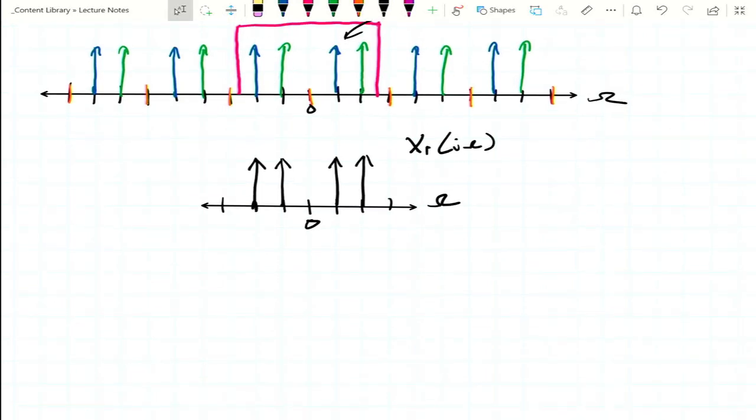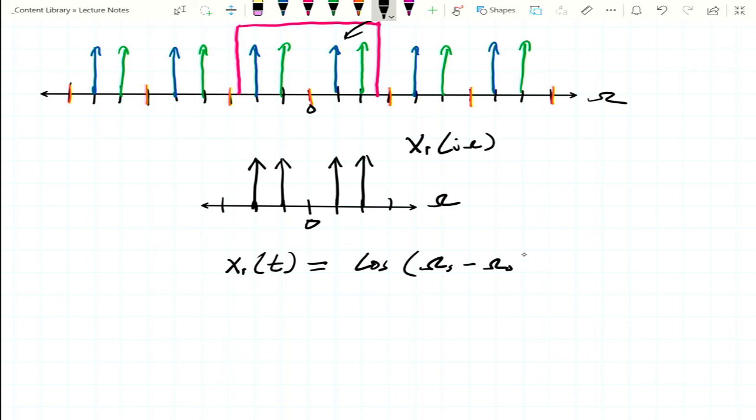In fact, it turns out that what you get is x bar of t is going to be equal to cosine of (omega s minus omega naught) times t. So the sampling frequency makes its way into our signal, and the difference is what we get left over.